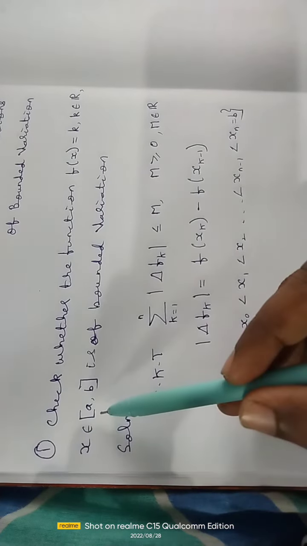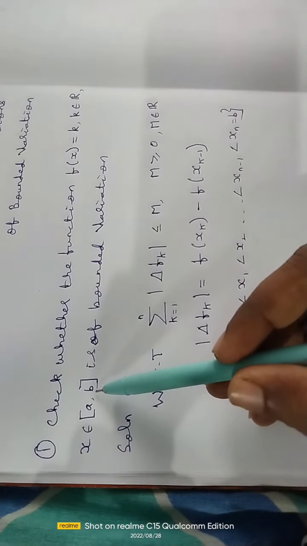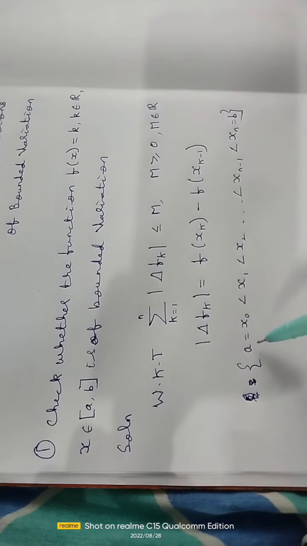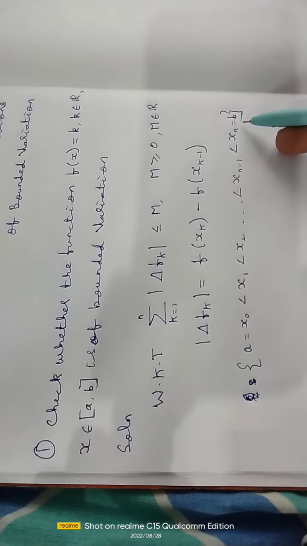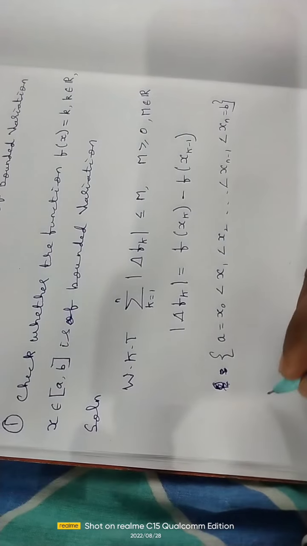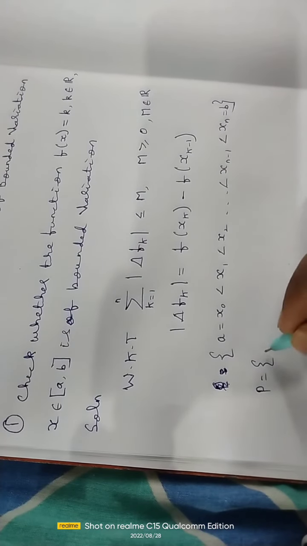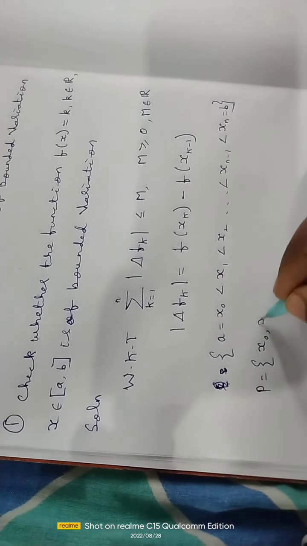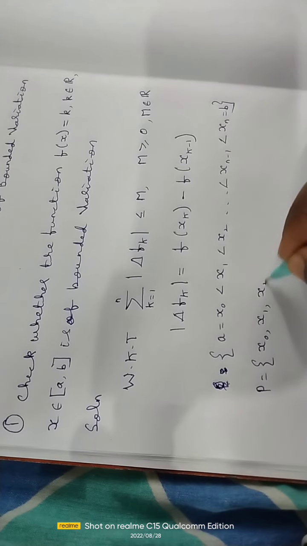First we have to partition this closed interval a comma b. Now I am making a partition a equal to x naught less than x1 less than x2, so on up to less than xn minus 1 less than xn, which is equal to b. Then our partition will have these elements x0, x1, x2, so on up to xn minus 1 comma xn.